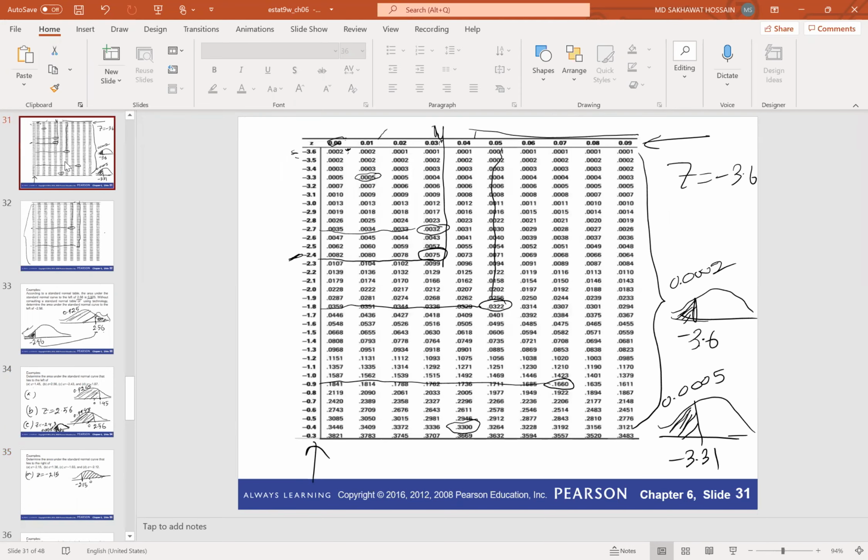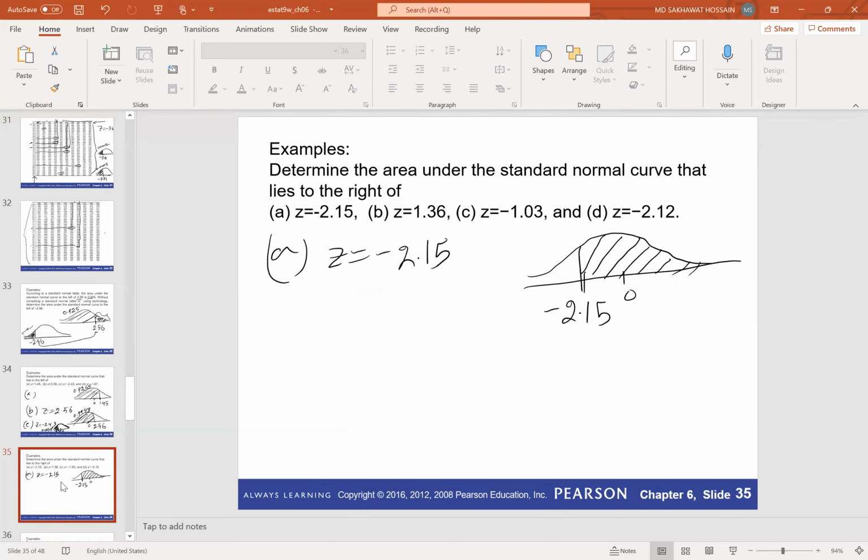Negative 2.15: 2.1 is here and 5 is here. So we'll go from here to here. So this is 0.0158. Oh, I'm sorry. Yeah, 0.0158. So this area is 0.0158, right? Is it correct or did I make a mistake? What do you think?